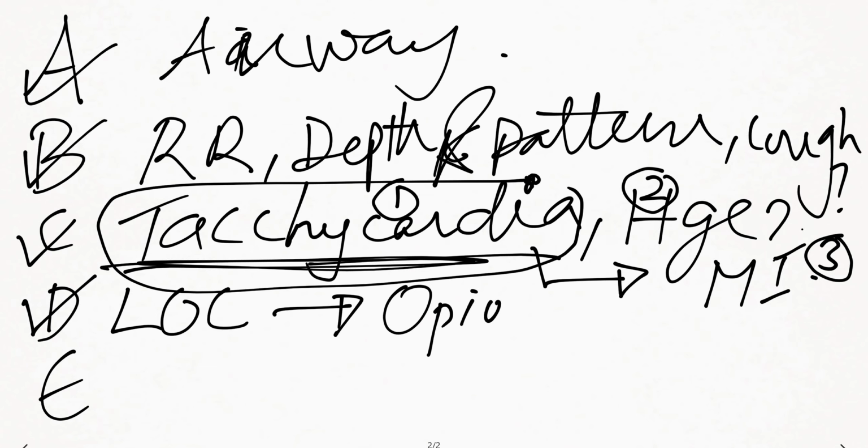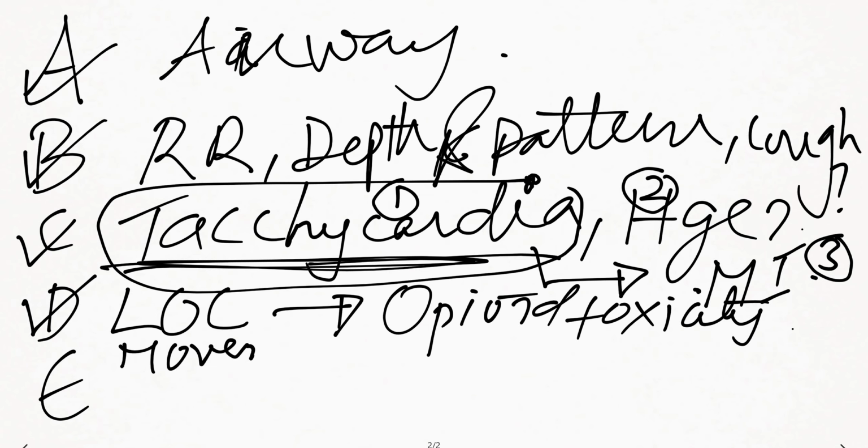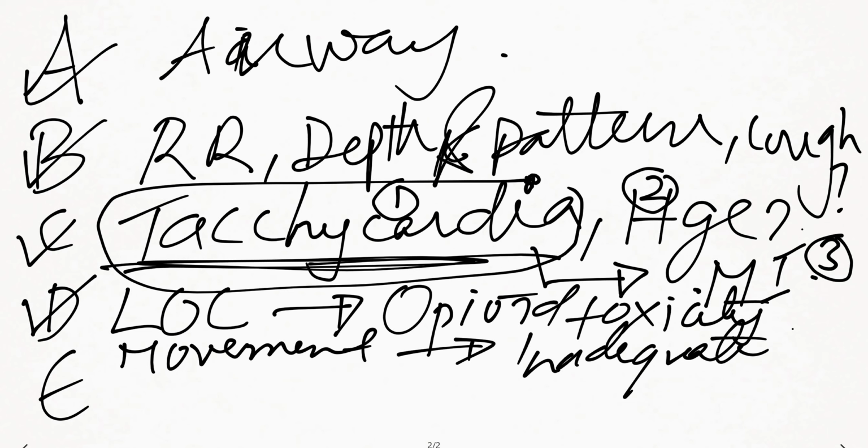So if the patient is unable to move and unable to talk comfortably and so on, you want to consider that this is an inadequate analgesia situation, right? So the D will tell you also some information about the situation of the patient.